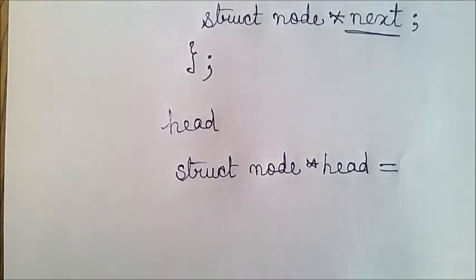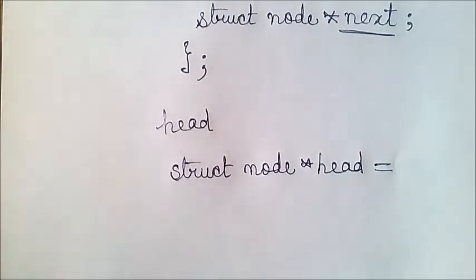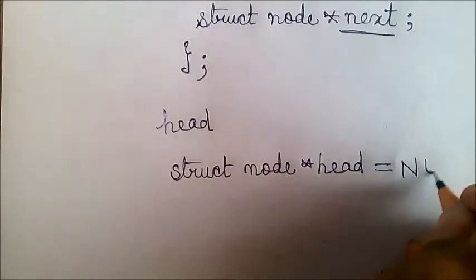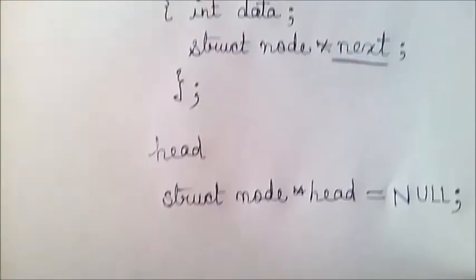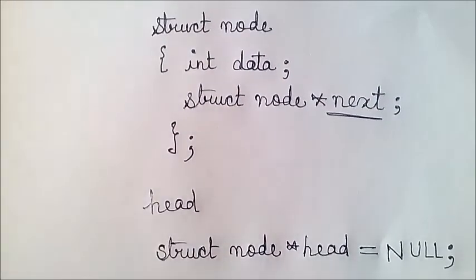Otherwise, if there is a node, it should point to the base address of the first node. Here we have not created any node yet, so the head should point to null. Now you can see that this is the basic structure of a singly linked list.